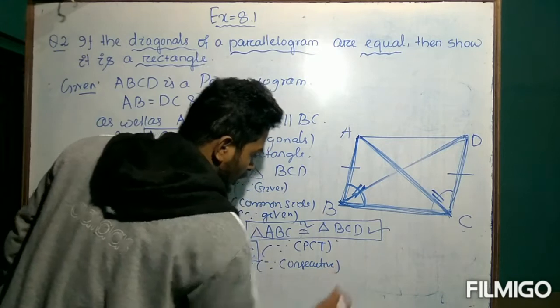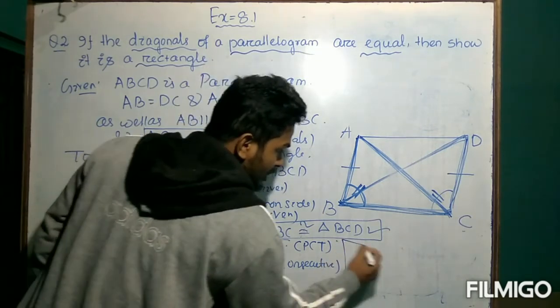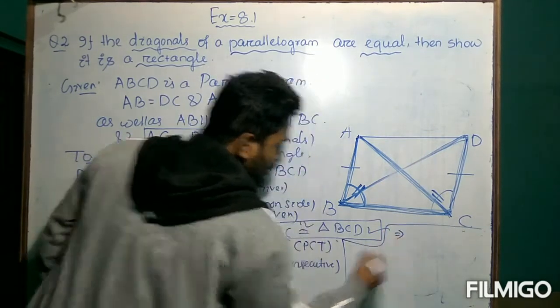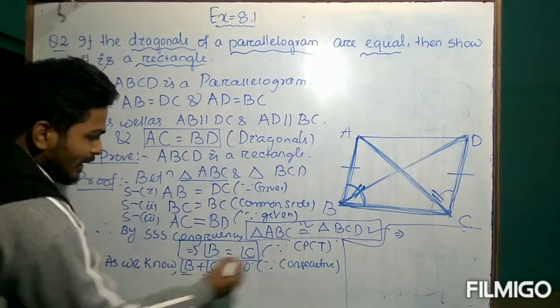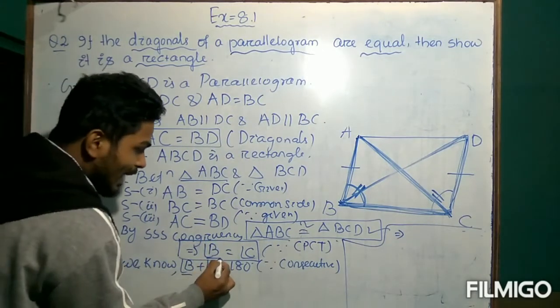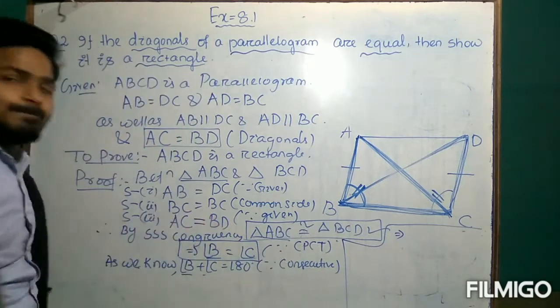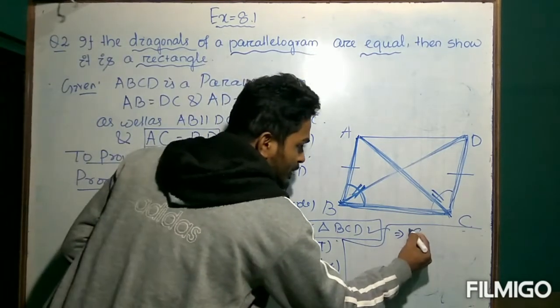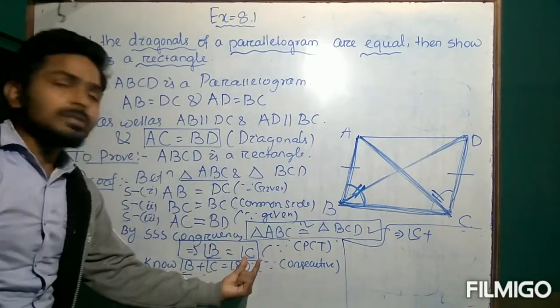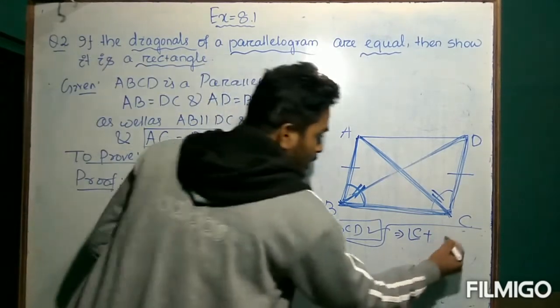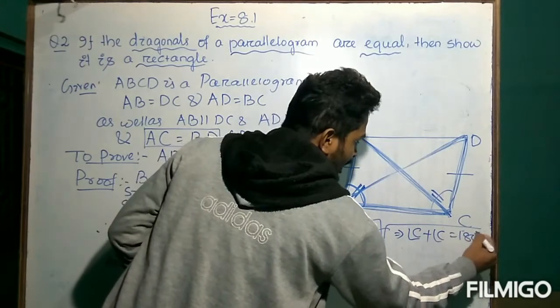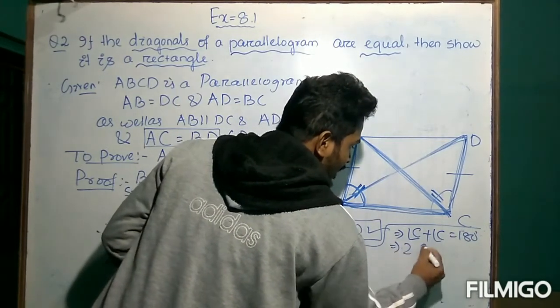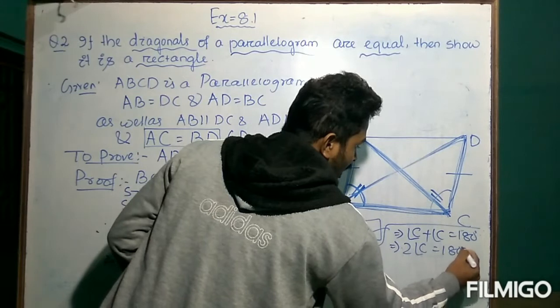Now I can write here since there is no space. B plus C is 180 degrees. Already we know that angle B is equal to angle C. So in the place of B, can we substitute C? Because B is equal to C. So C plus C is 2C is 180 degrees.